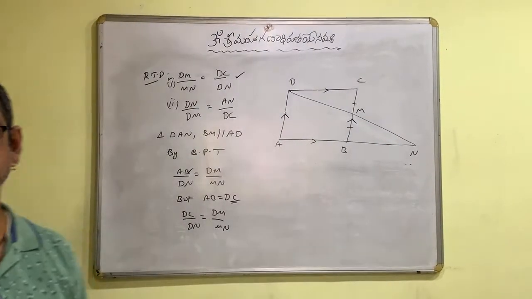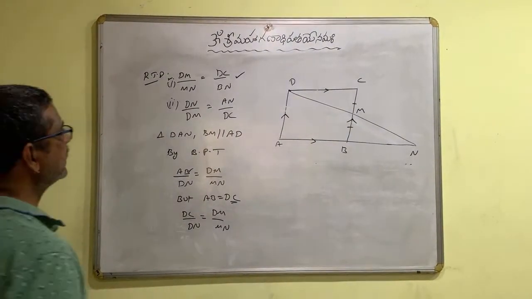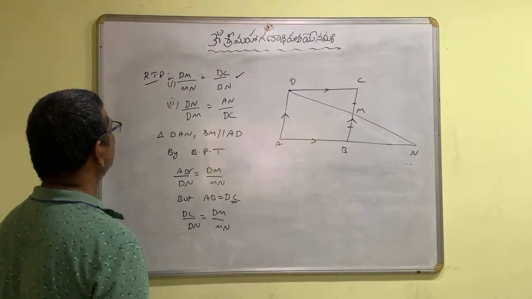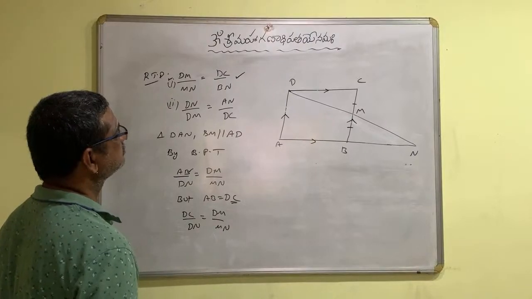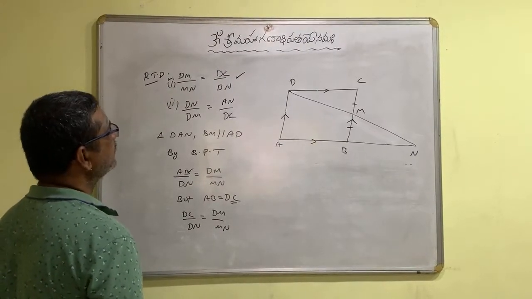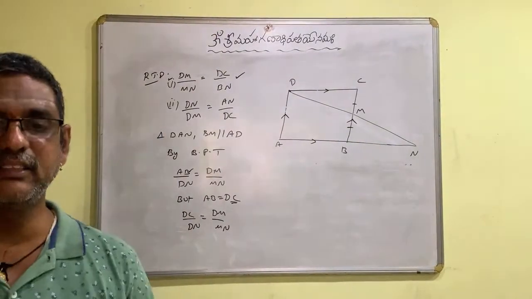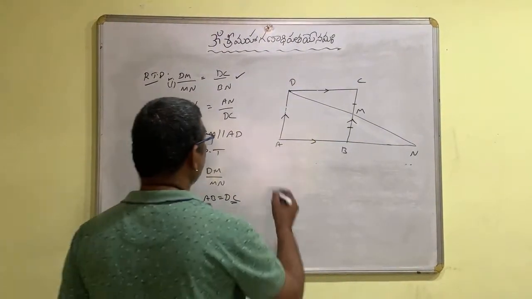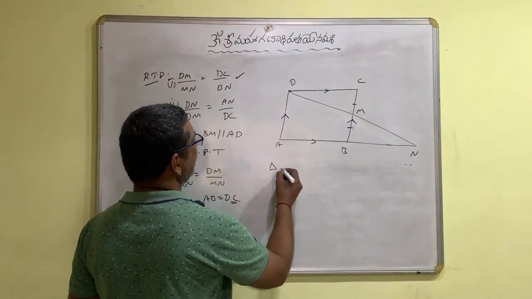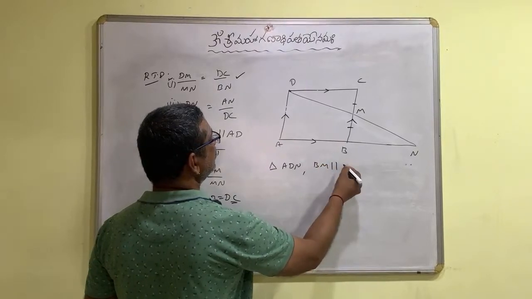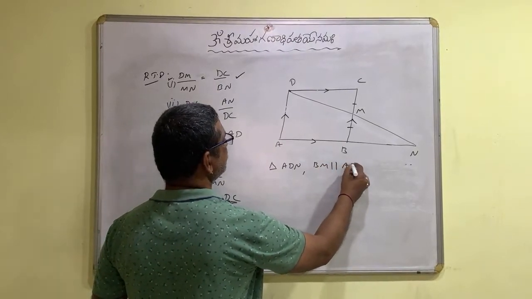First one over. Now the second one is asking DN by DM is equal to AN by DC. Here, this is also the same. In the same triangle ADN, DM is parallel to AD.